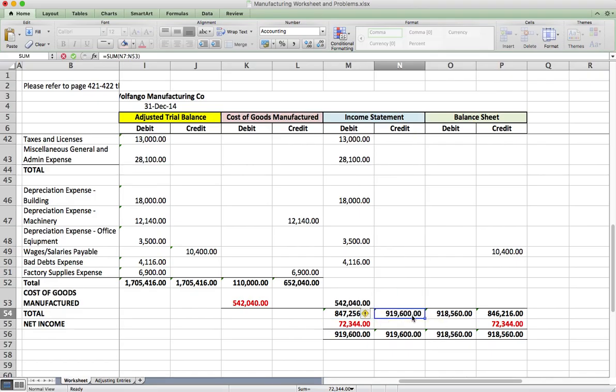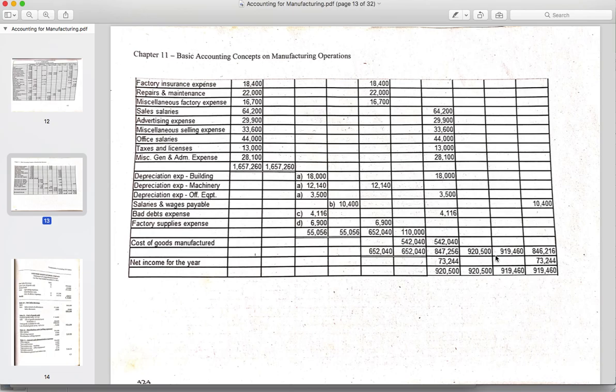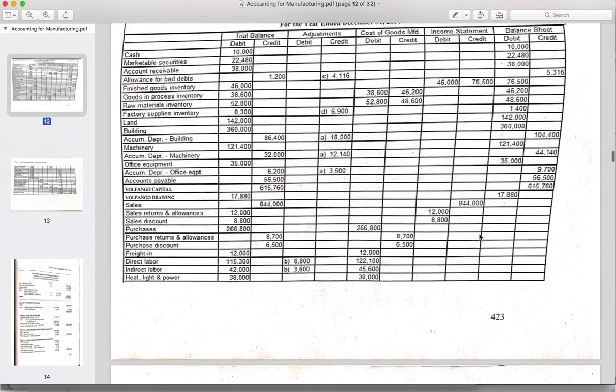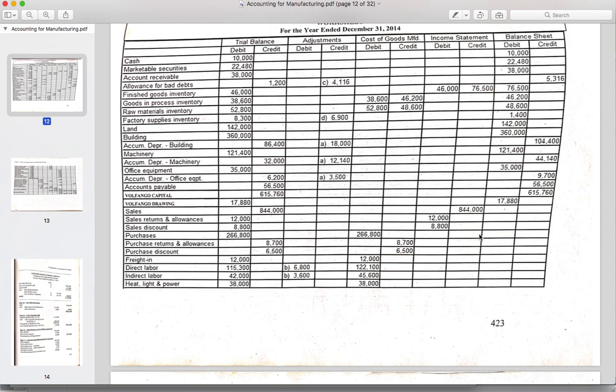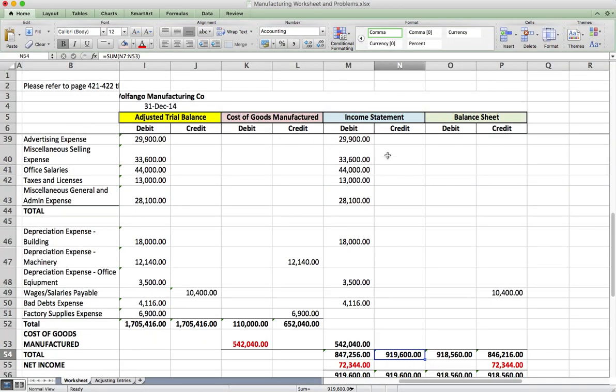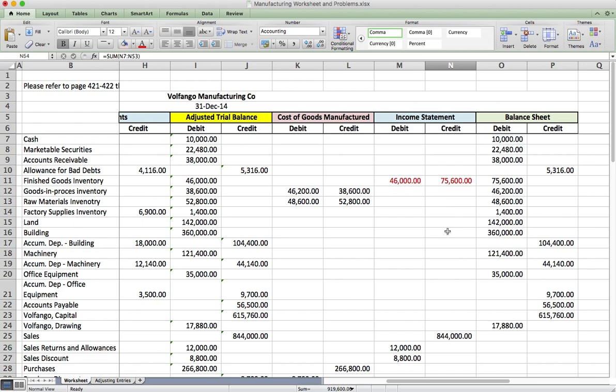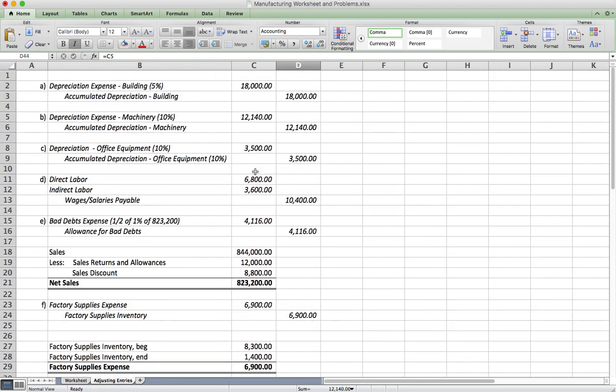Bakit kulang to? Ba't 920,500 dito sa book? Allowance for bad debts. 76,500. Ayun, mali ako. Hindi pala ito 75,600. This is 76,500.